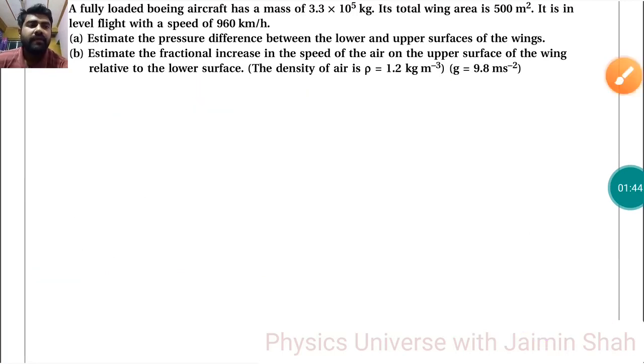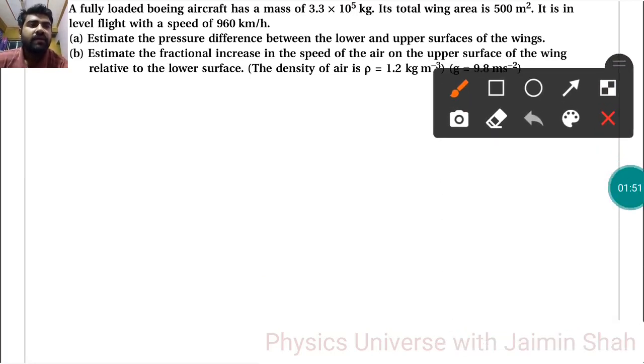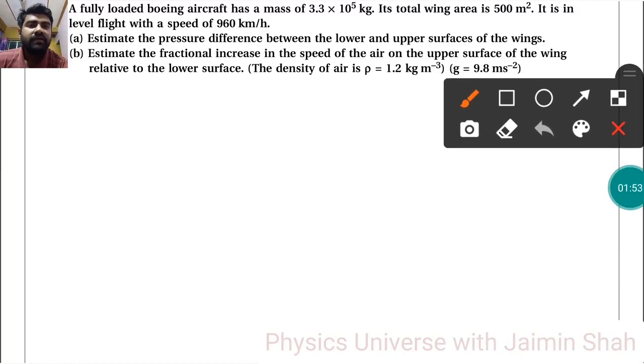Now second, estimate the fractional increase in the speed of the air on the upper surface of the wing relative to the lower surface. Fractional, so (v2 − v1) upon average v, that we need to find.